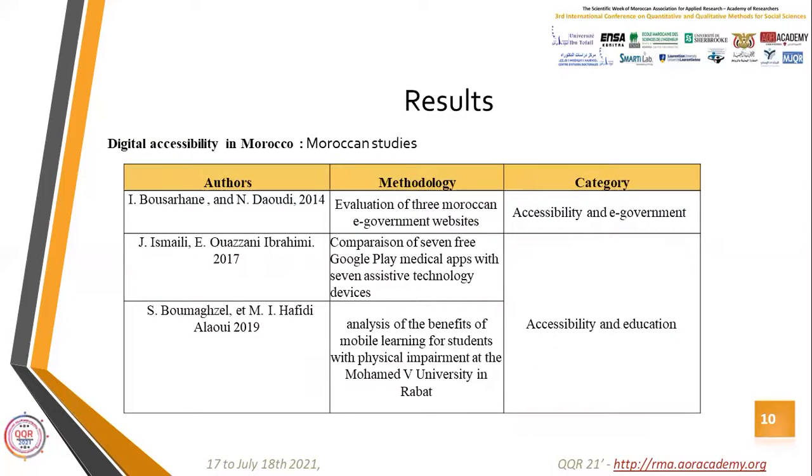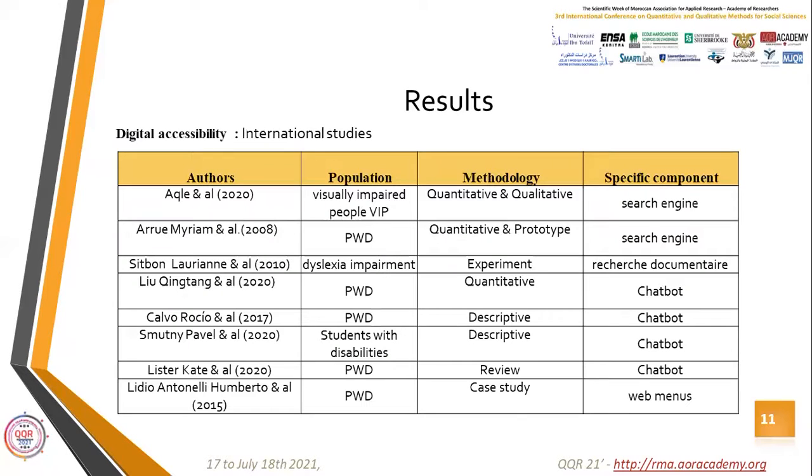On the national scale, only 3 Moroccan studies were identified related to digital accessibility, specifically accessibility in e-government and accessibility in education. On the international scale, we identified 19 studies that focused on specific components of accessibility instead of looking at digital accessibility in all its aspects, as shown in the table.